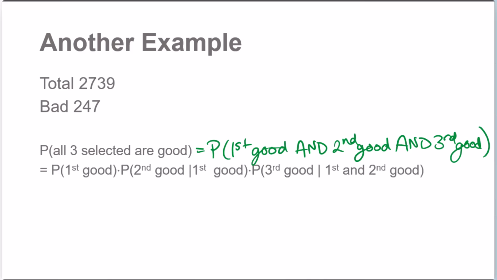So I'm going to take that and probability and I'm going to apply the multiplication rule just like we did in the last example. So I'm going to start with the probability that the first piece of seafood was good times the probability the second was good given that the first was good times the probability the third was good given that the first and the second were good.